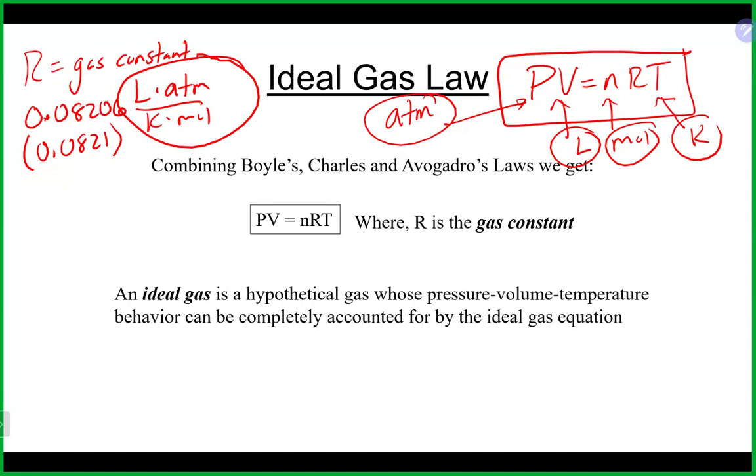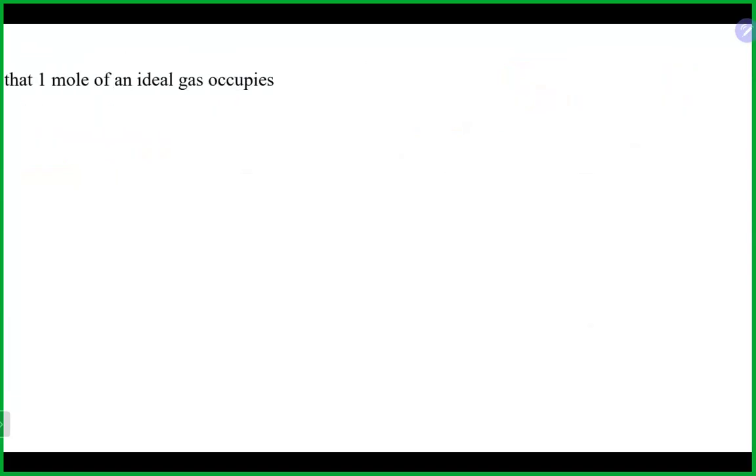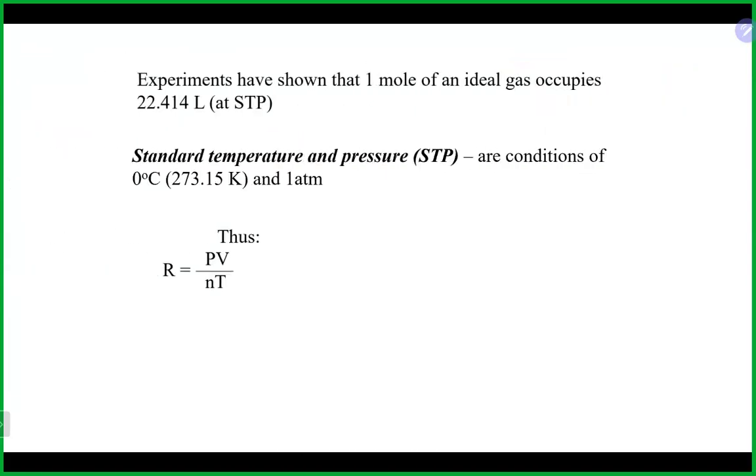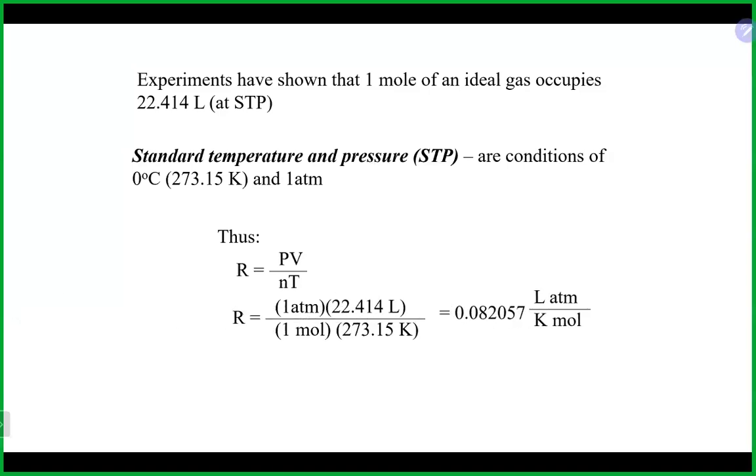Some other important information about the ideal gas law and relationships is this. Let's start with STP first. STP stands for standard temperature and pressure. And in a problem, if they say, what is the volume at STP, they are actually giving you values for temperature and pressure when they say STP.